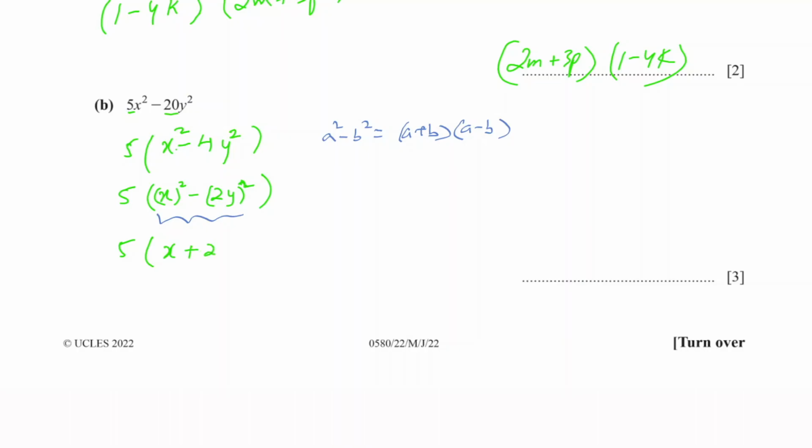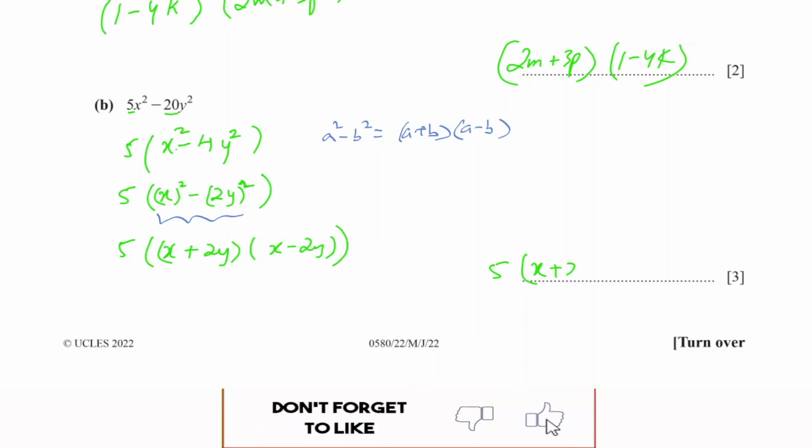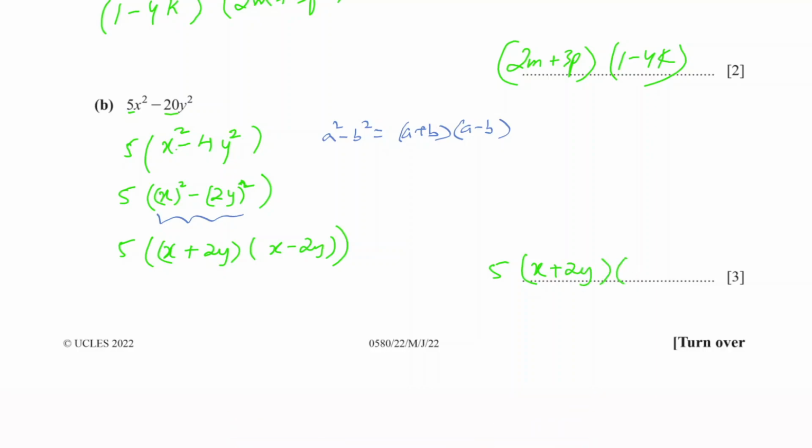So a plus b and a minus b. So now this bracket multiplication is not needed over there. So we can write the final answer as 5 into x plus 2y and x minus 2y. So this will be your final answer.